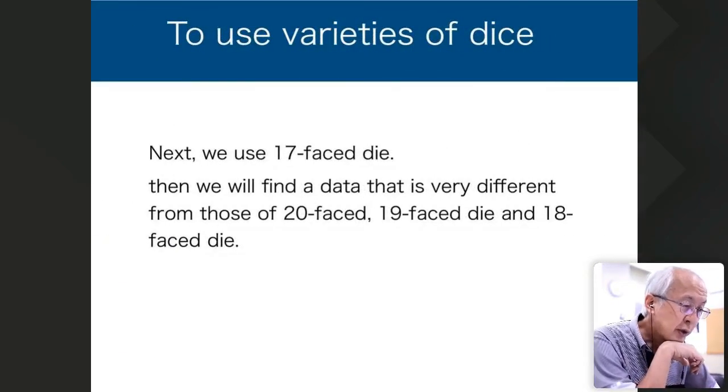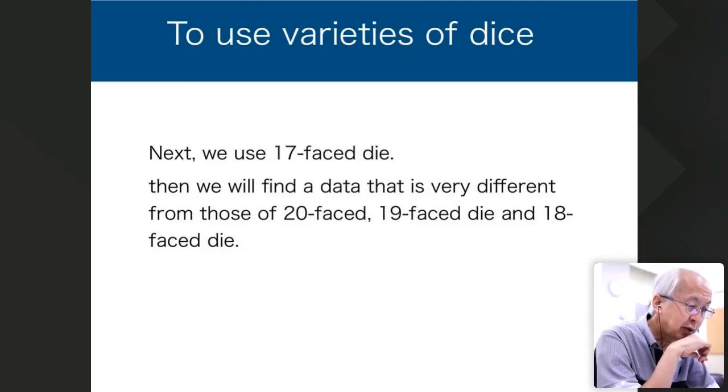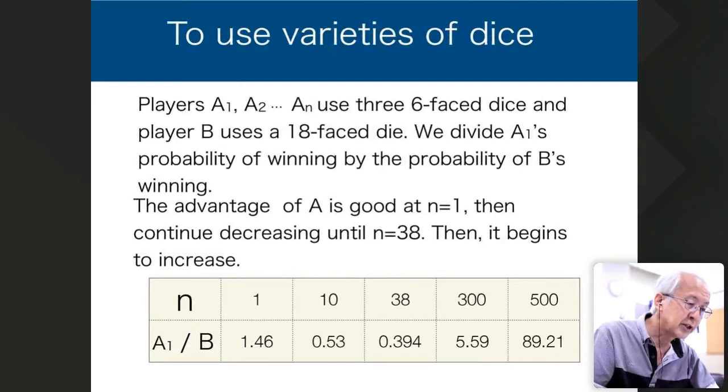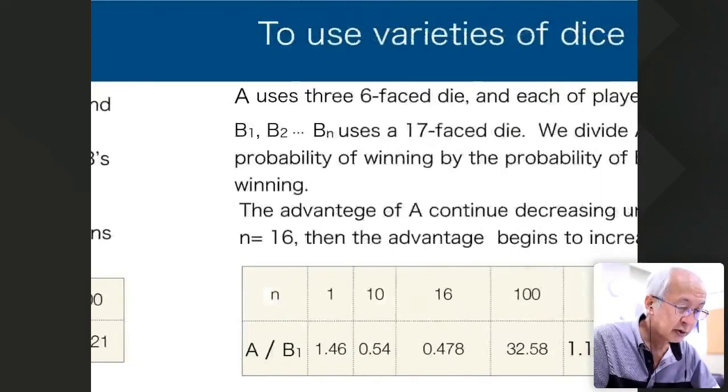And next, we use a 17-face die. If you calculate the probability with a computer, you will find a very different and, in a sense, very strange result. I'm going to talk about this a little bit more precisely.